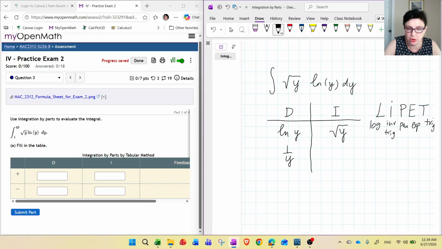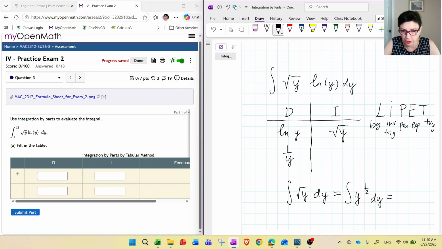What about the integral of square root of y? In order to integrate a square root, what you would have to do is take the y and raise it to the power 1/2. Now, you haven't actually integrated. All you did is say that square root is actually the power 1/2. Then you have to use the power rule, which means that you add 1 to the power, so that becomes y to the power 3/2, and then you divide by 3/2.